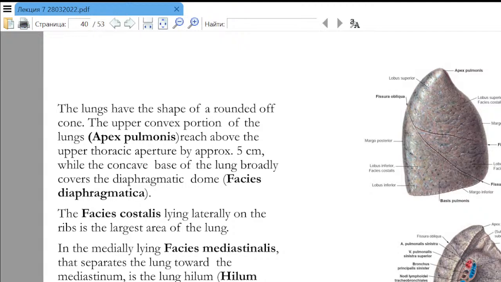What you see is the hilum pulmonis. This is the facies diaphragmatica, facies mediastinalis, facies costalis.